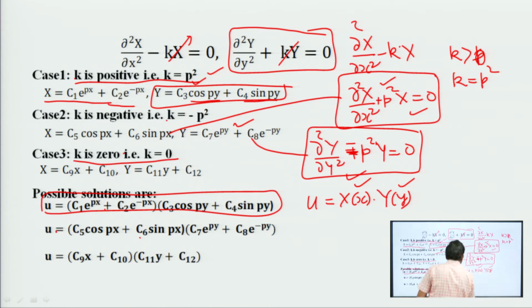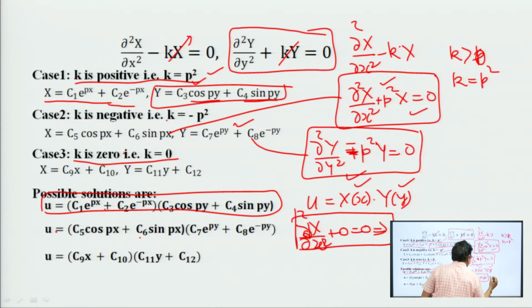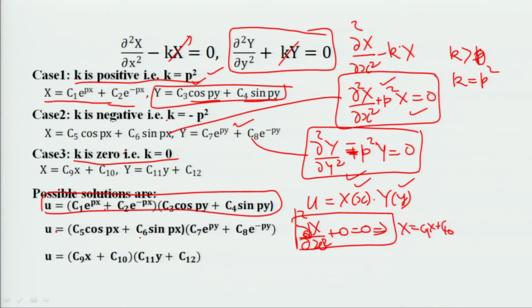So, the equations will be ∂²X/∂x² + 0 = 0, and the solution of this equation would be linear, that is X = C9 x + C10. Next, d²Y/dy² = 0 would give you Y = C11 y + C12.